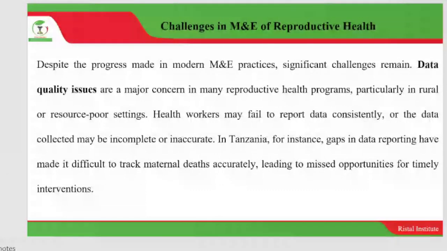So at the end, they just make up the information about these patients. That is why we're saying that our reproductive health monitoring and evaluation still has challenges regarding the accuracy of information or data. For instance, in Tanzania, gaps in data reporting have made it very difficult to track maternal deaths accurately, leading to missed opportunities for timely intervention.